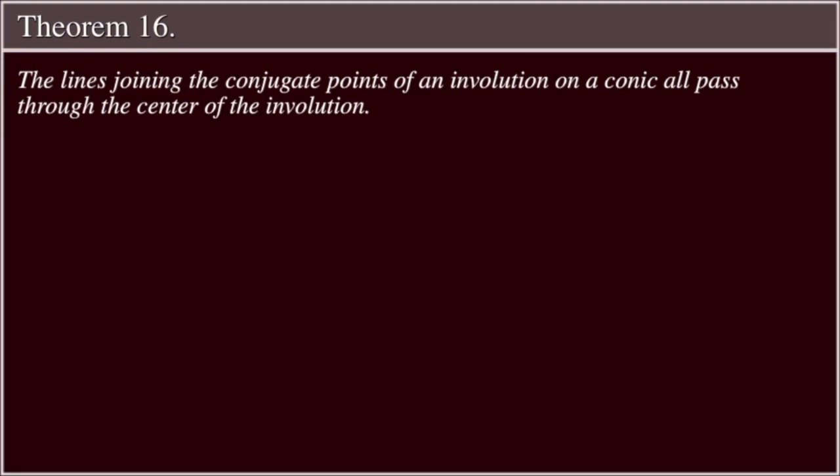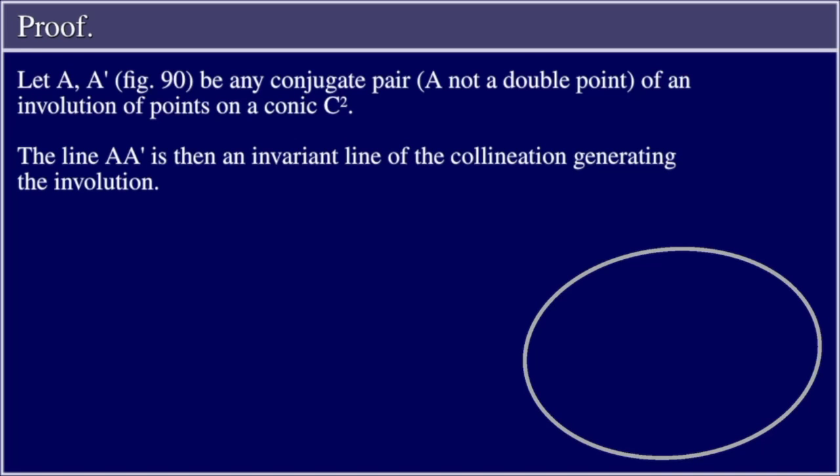Theorem 16. The lines joining the conjugate points of an involution on a conic all pass through the center of the involution. Proof. Let A, A prime, Figure 90, be any conjugate pair, A not a double point, of an involution of points on a conic C squared. The line AA prime is then an invariant line of the collineation generating the involution.